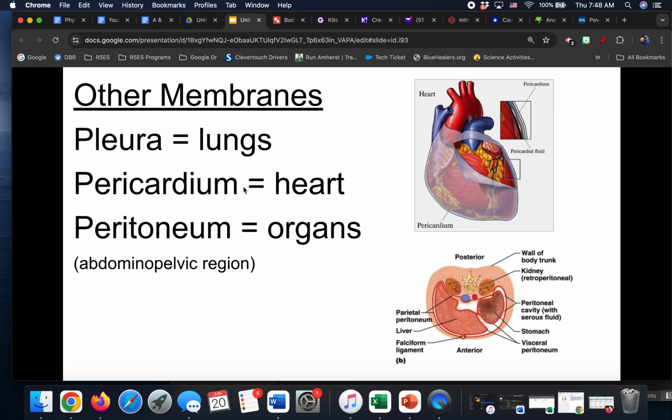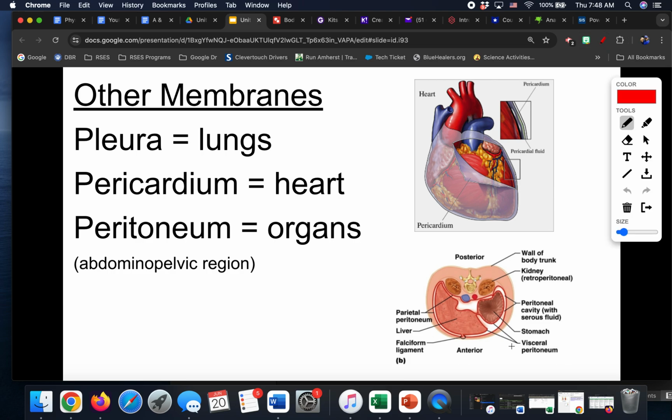But if you look down here, because this serous membrane is surrounding multiple organs, we call the outer layer the parietal, and then instead of pericardium, peritoneum, because it's covering more than one organ. The inner layer is still called visceral, but now since we're referring to more than one organ, peritoneum is what it's called.